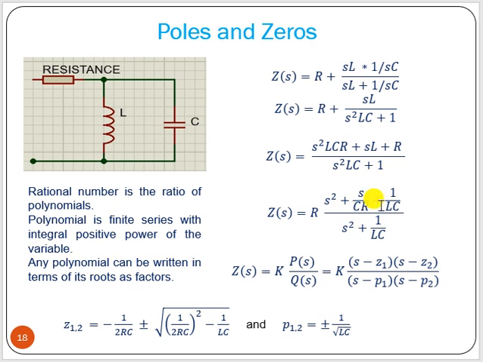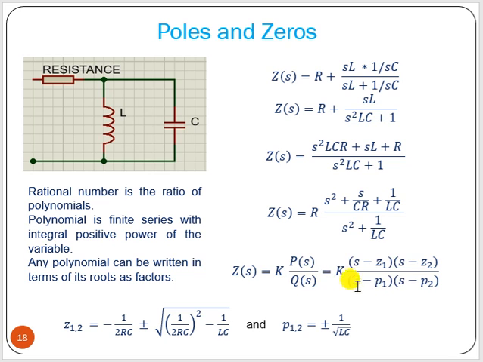For the numerator, what is the root? That is minus 1 by 2RC plus minus root over (1 by 2RC) square minus 1 by LC. And for the denominator, the roots are plus minus 1 by root over LC. Those are the roots of the quadratic equation that we got.